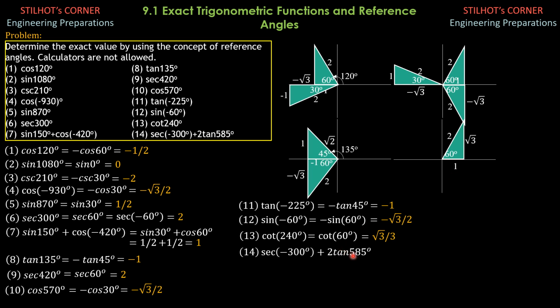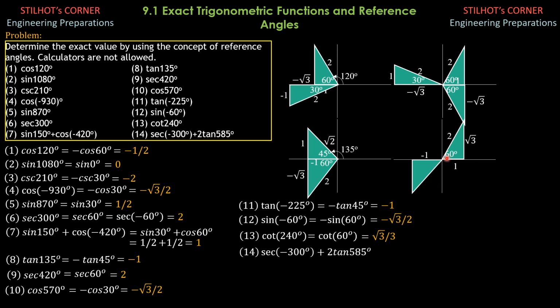While tangent of 585 is like tangent of 45 degrees because it is negative 1 over negative 1, opposite over adjacent, and negative 1 over negative 1 is positive. So it's like secant of 60 degrees, you are not obliged to do that, plus 2 tangent of 45 degrees. You are not also obliged to do that.